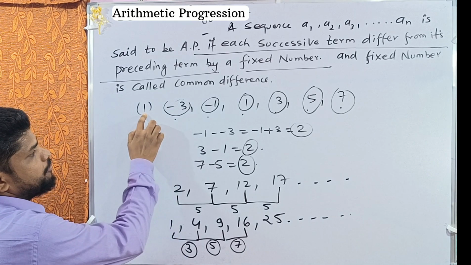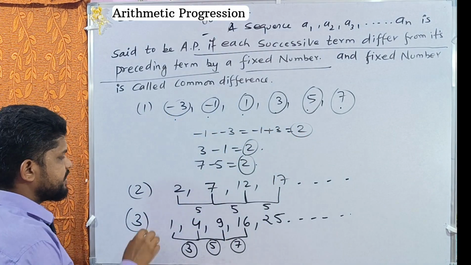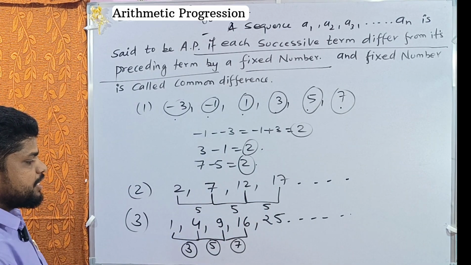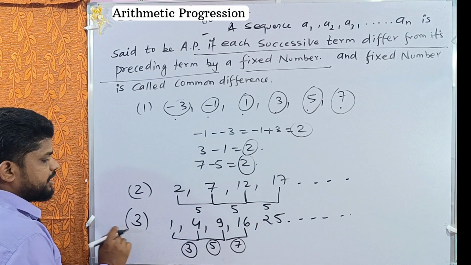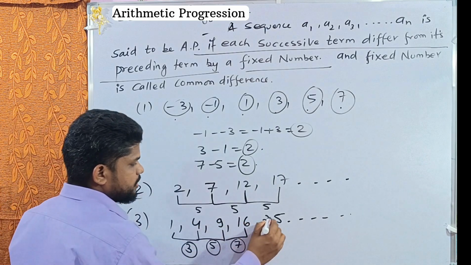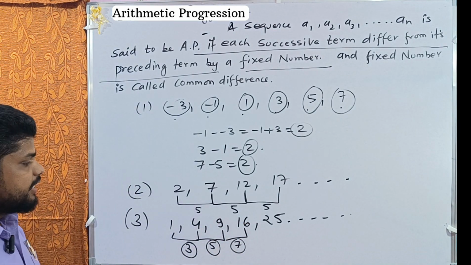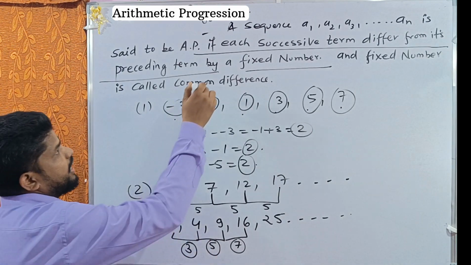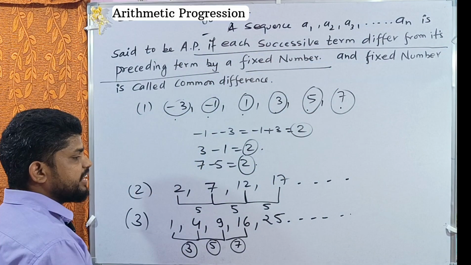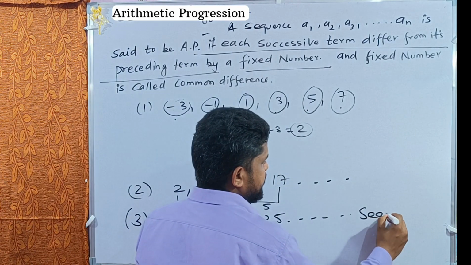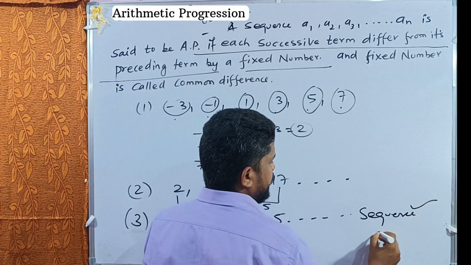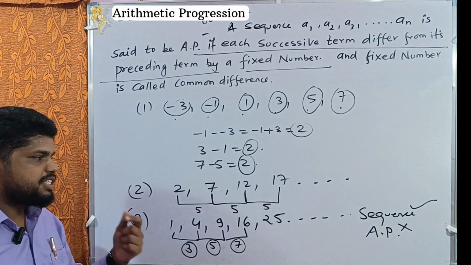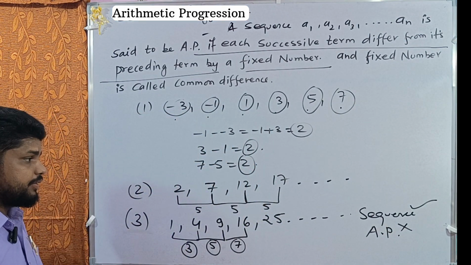Like here we got 2 as a common difference, and in the second example we got 5 as a common difference. But in example 3, this sequence of squares does not follow the rule of an arithmetic progression. So although it is a sequence, it is not an arithmetic progression.